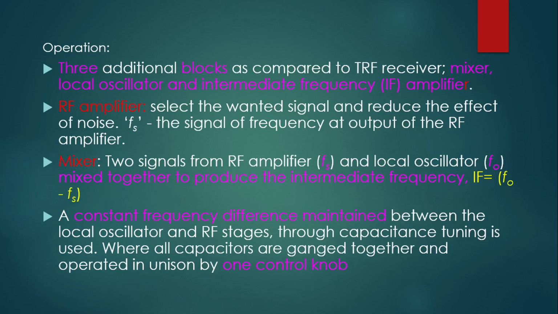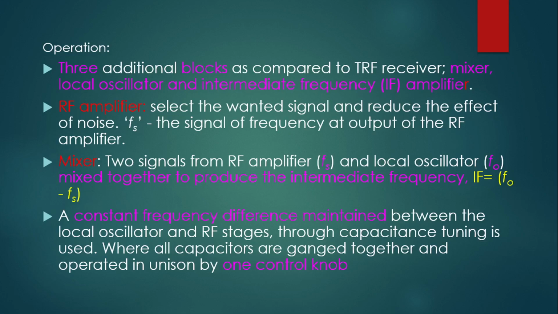So when we tune the receiver to a frequency Fs, automatically we tune three different electronic circuits, that is RF stage, local oscillator and mixer, and the incoming signal frequency Fs is converted into IF, which is equal to Fo minus Fs.